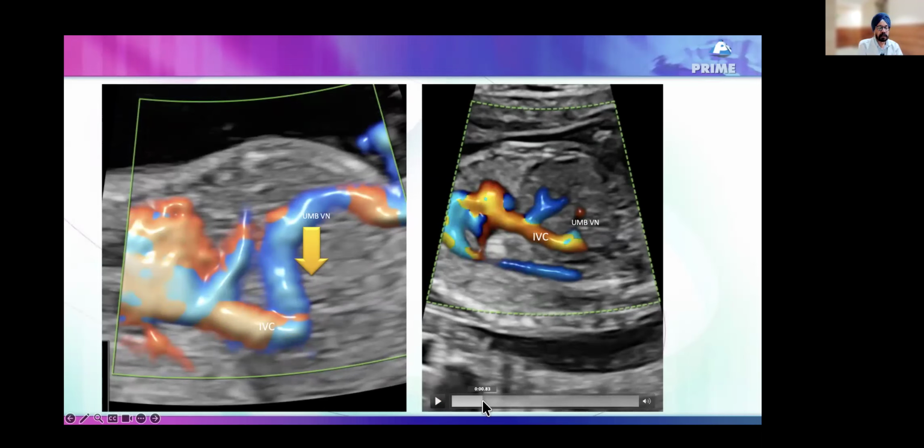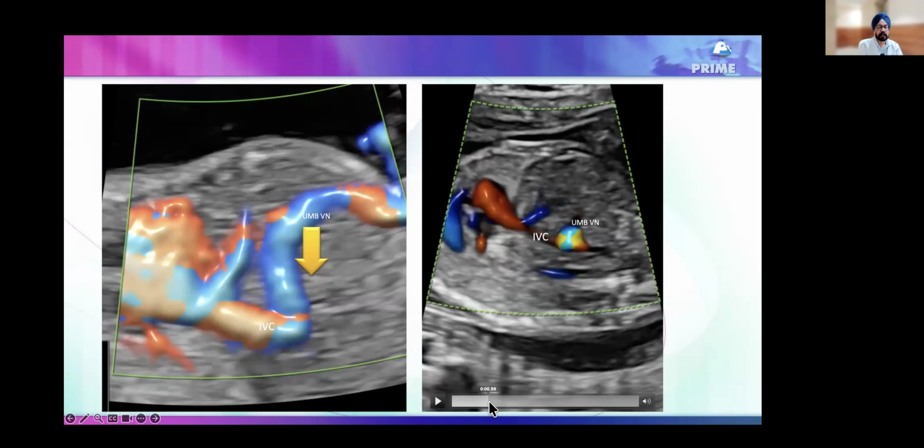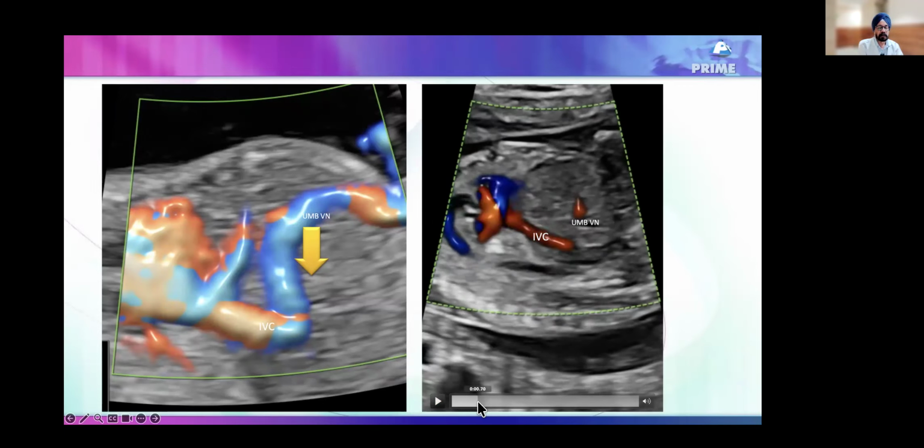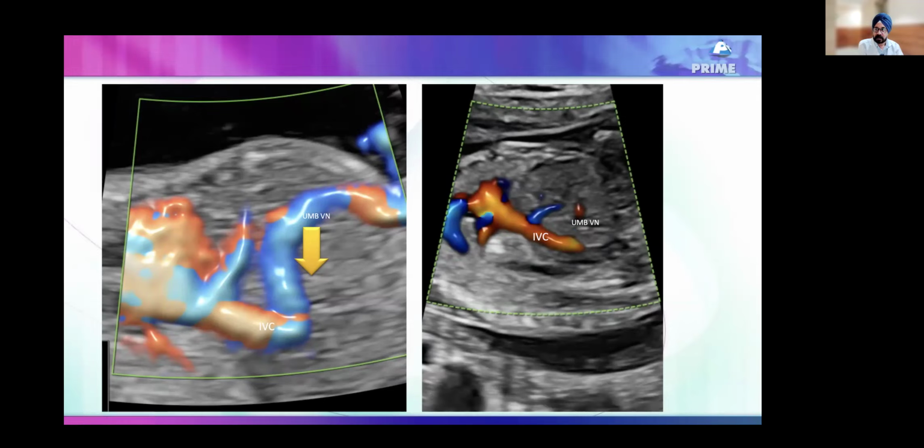Descending aorta and this vein, which is entering into the left atrium posterior, I told you. IVC is entering into right atrium. This is the left atrium. This blue one is the right atrium. And this is opening here into the left atrium. If this vein goes like this, that is what we call scimitar syndrome.